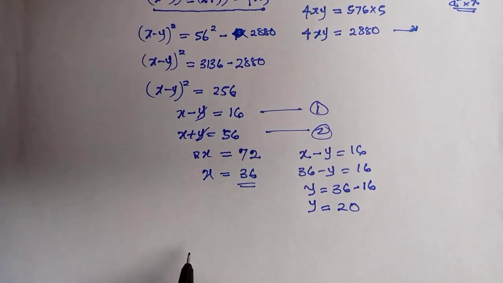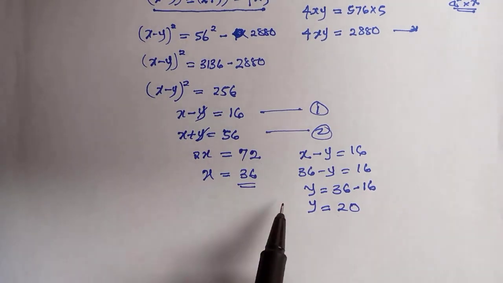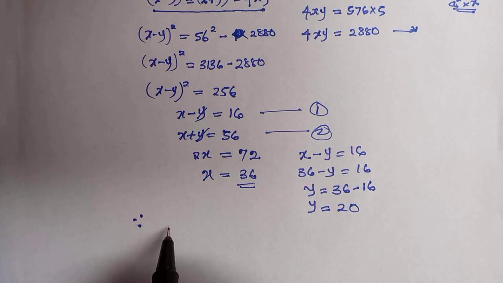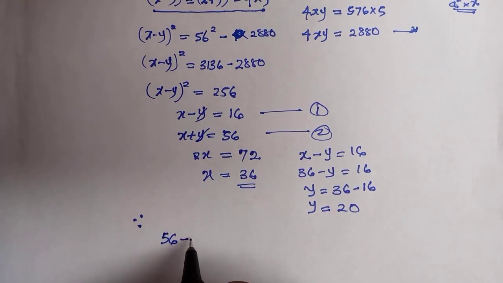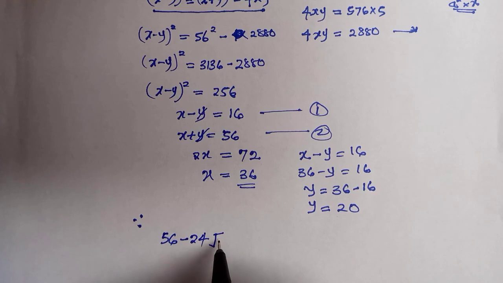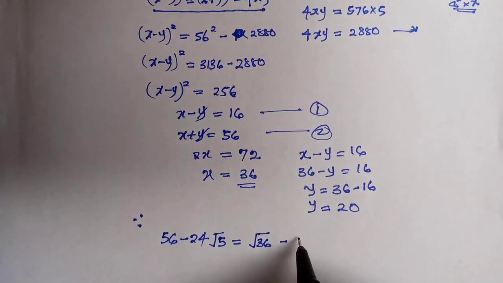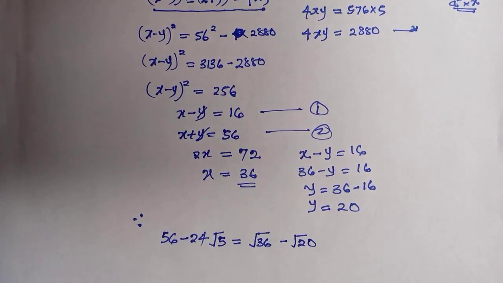All right, since y and x have been gotten, let's go back to the real question, which is the root of 56 minus 24 root 5 equals the root of 36 minus the root of 20.